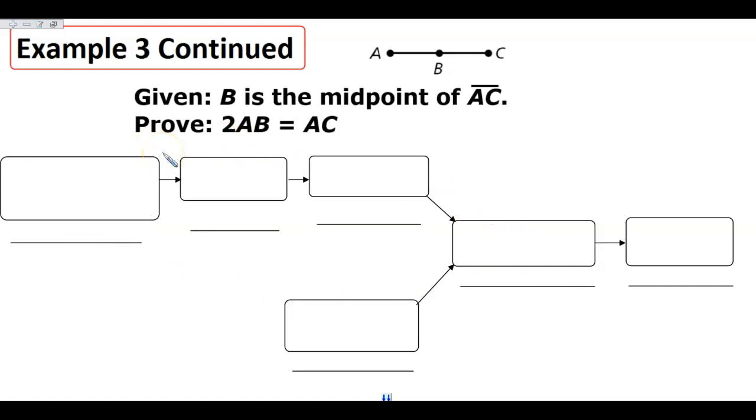All right, when you're creating your own flow proofs tonight, it doesn't matter which way you do it. Do you want to do everything vertically? Great, that's fine. Do you want to do it horizontally? Great, that's fine. Try not to mix and match the directions in the middle. If you need to go off to the side for one problem or one box, that's fine.